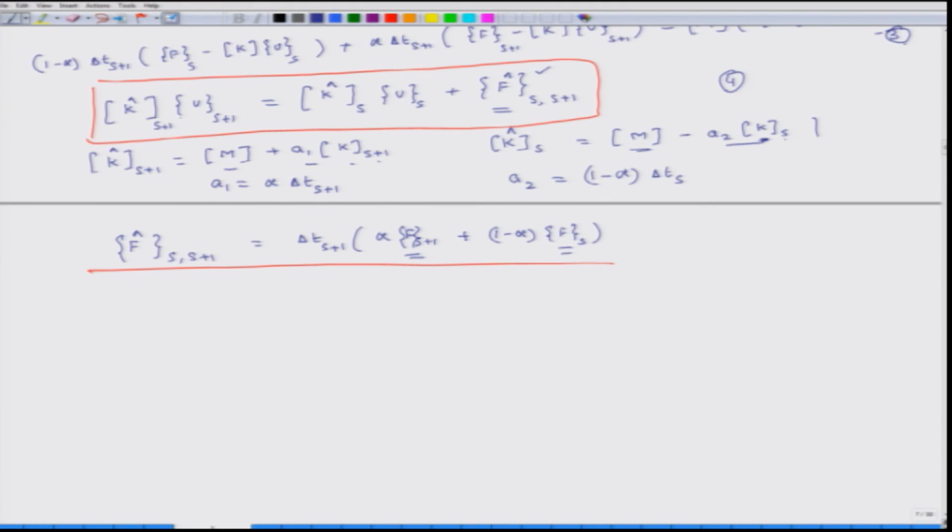So, the only thing which is not known is U at s plus 1th time step. So, if we know U at s time step, then I can use this equation to calculate U at the next time step, s plus 1th time step. Okay. So, this is the temporal approximation.